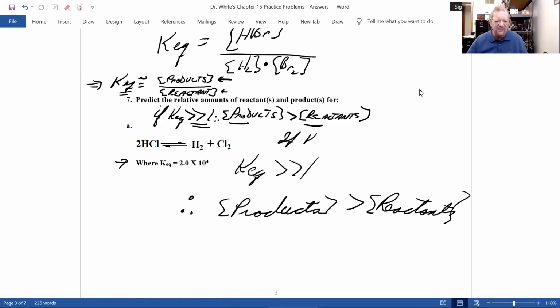Now, if KEQ is much less than 1, then the reactants concentration is greater than the products.